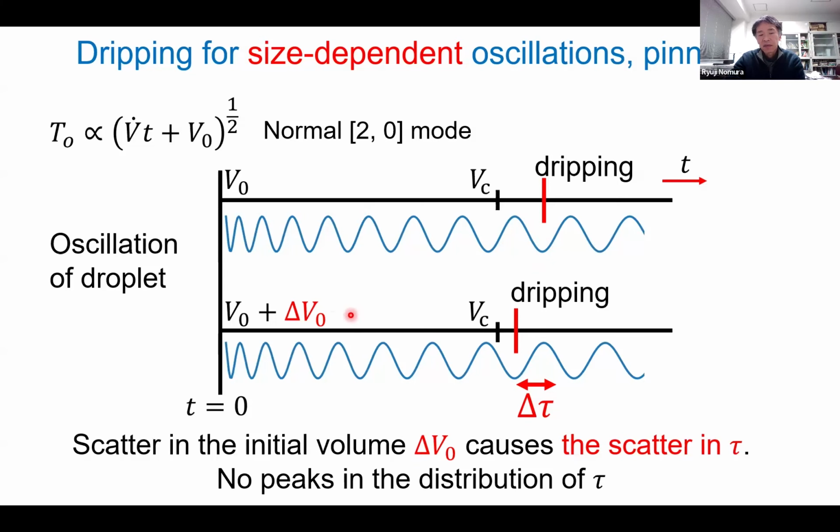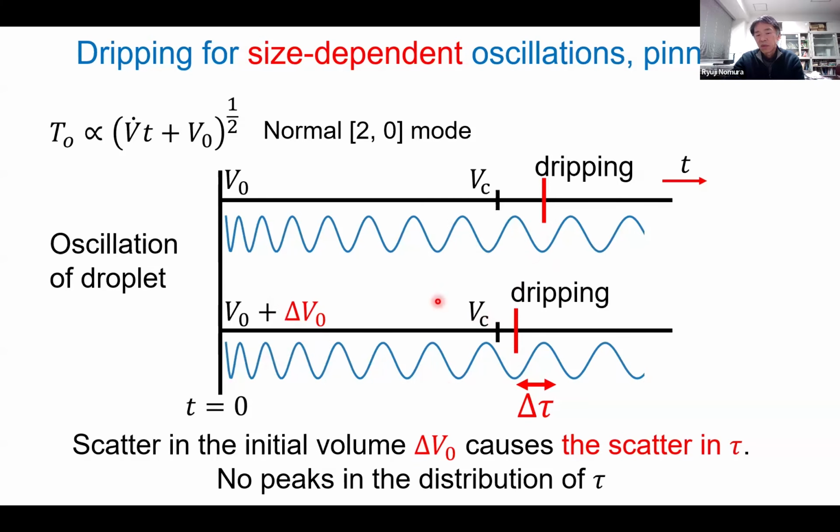In another case, we may have a scatter in the initial volume. Then it's also oscillating this way. But the trajectory between the two is completely different because the oscillation period depends on the volume. Near that critical volume, it's in a downward phase and has a pinch off, but the timing of pinch off is different from the other case because the initial volume is different.